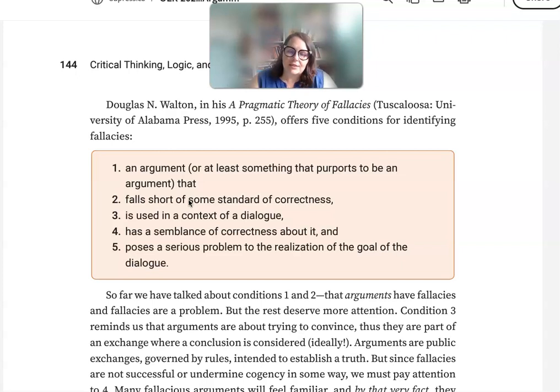It's used in the context of a dialogue, so that often means that a fallacy, the way that we're going to unpack it, takes place between 2 speakers.